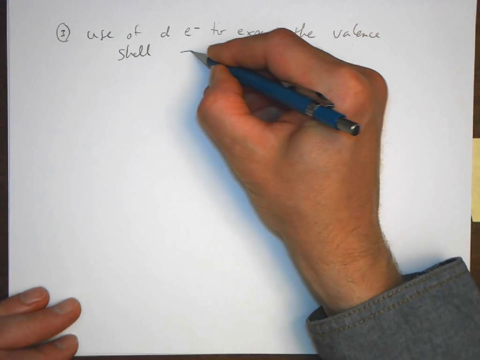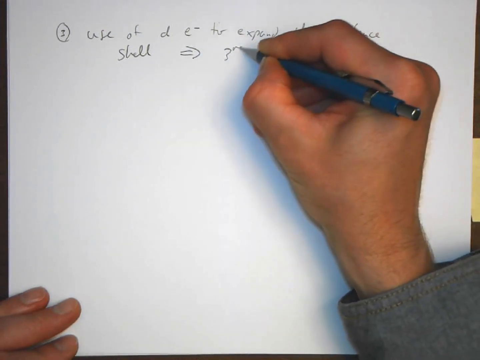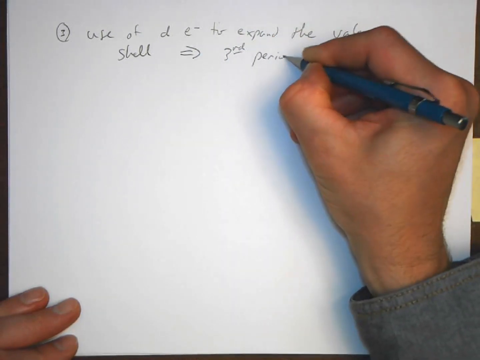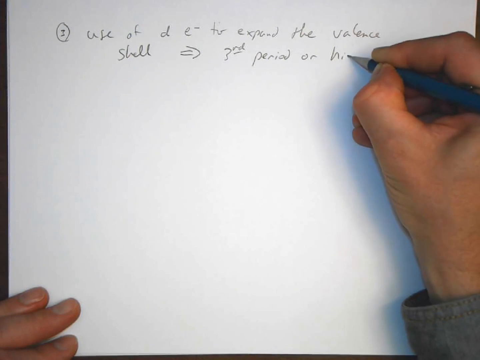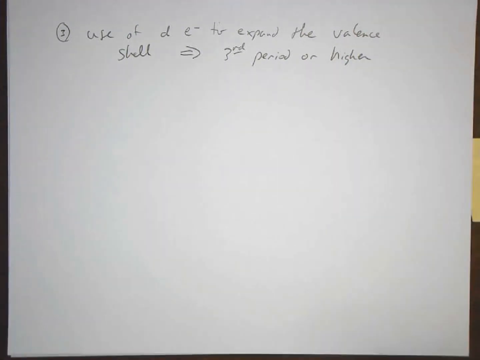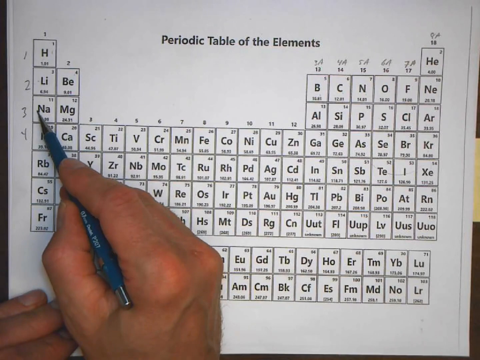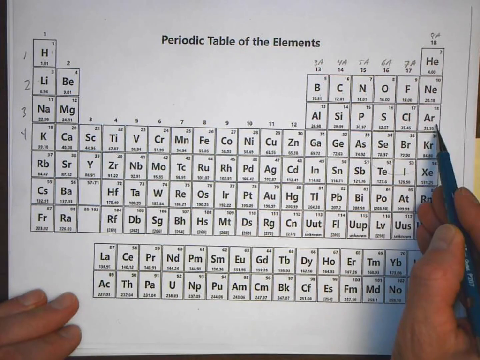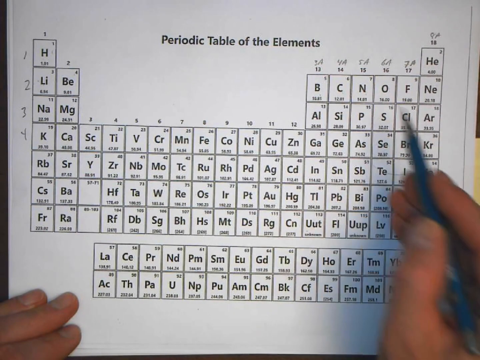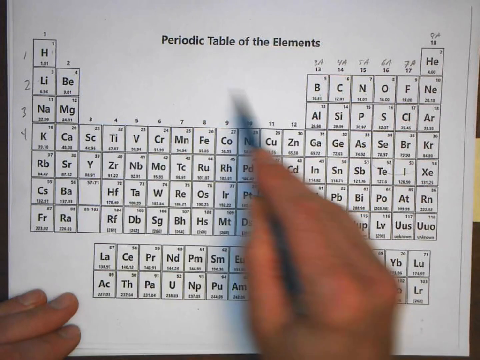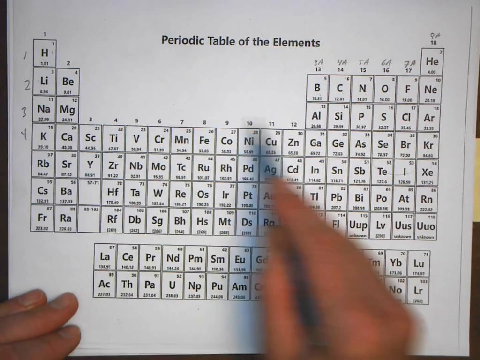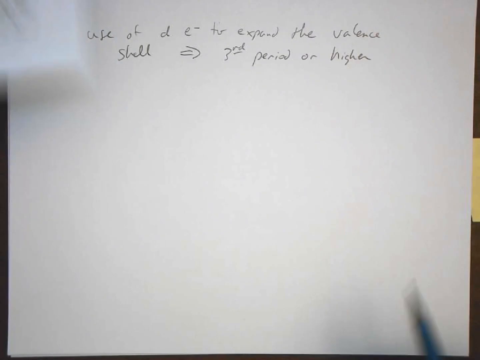This only happens with elements who are third period or higher. What do I mean by the third period? Well, it's the third row down. So third period or higher. This row cannot do it. This row can do this.